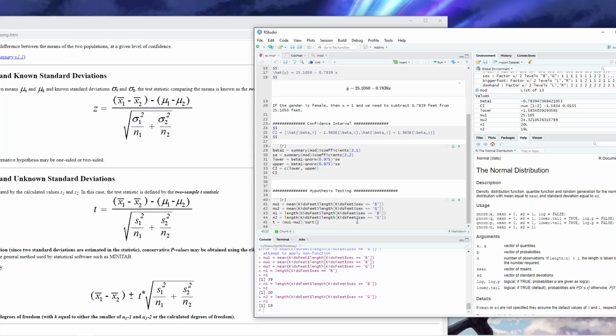So for now we can just calculate this, and also I want to have my sigma 1. Sorry for that. I just need the standard deviation of this.